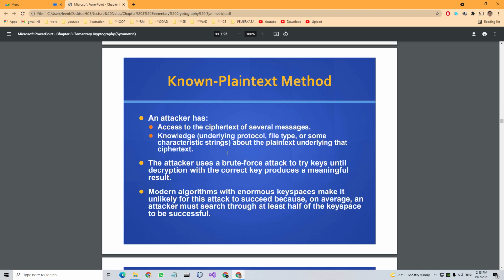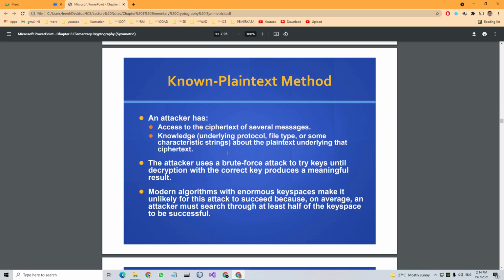Yes, so they might use the brute force attack, bullet number 2, until they can produce some meaningful results.